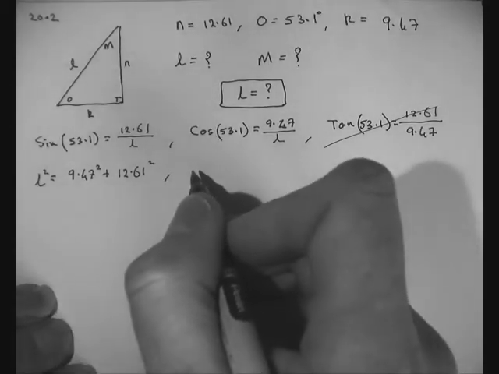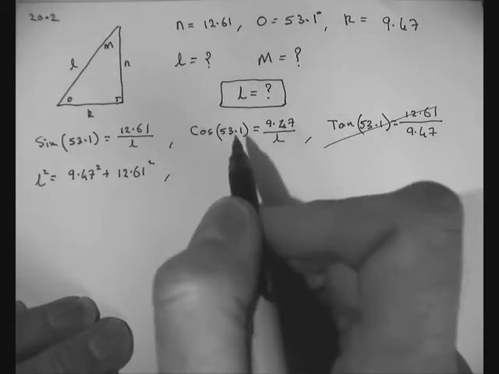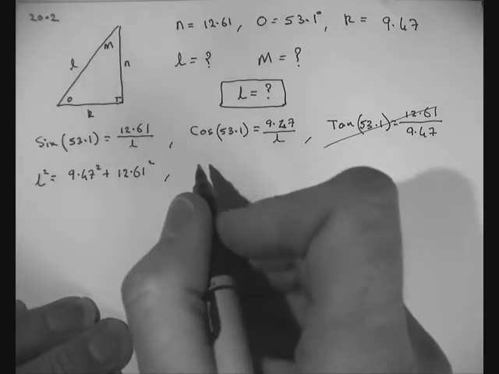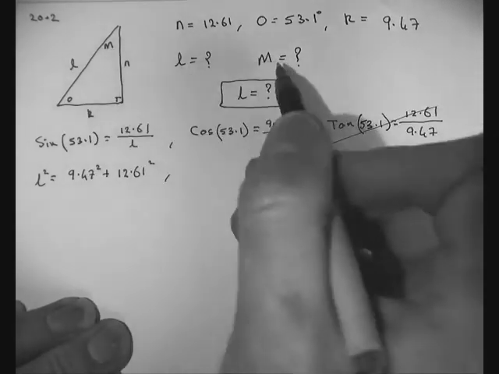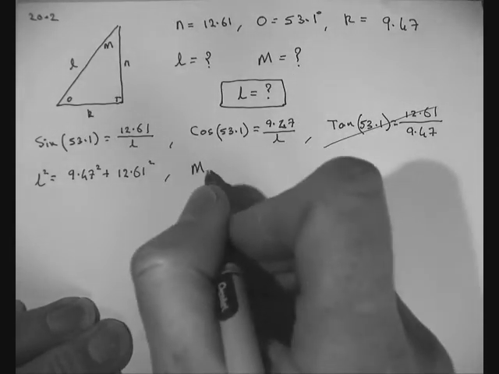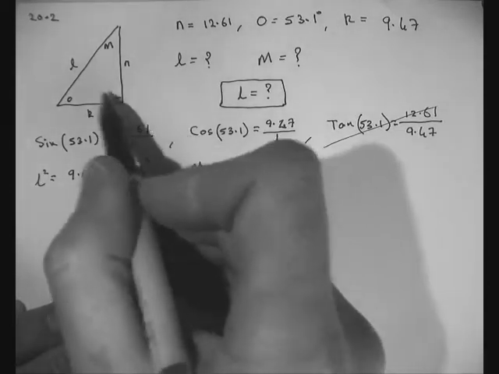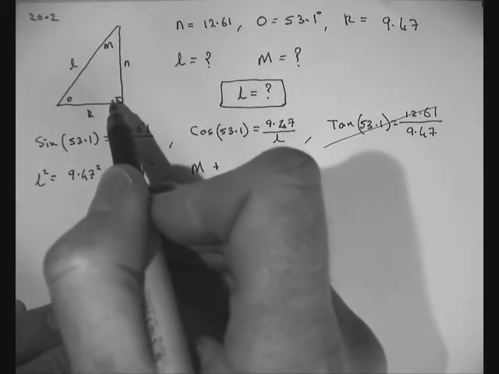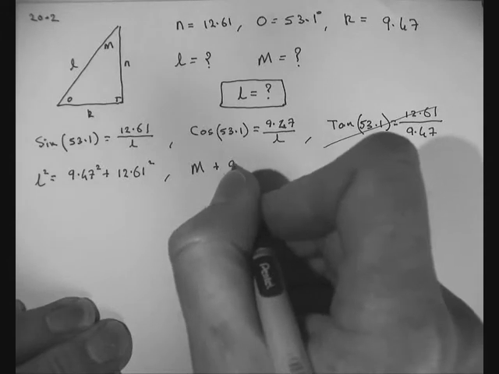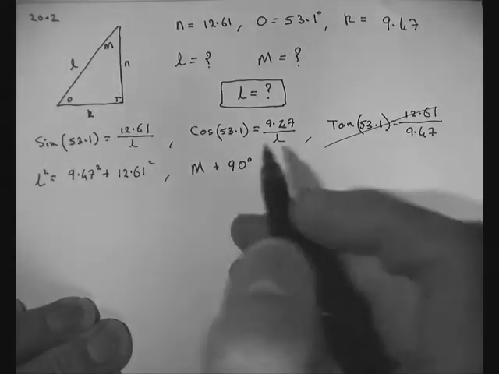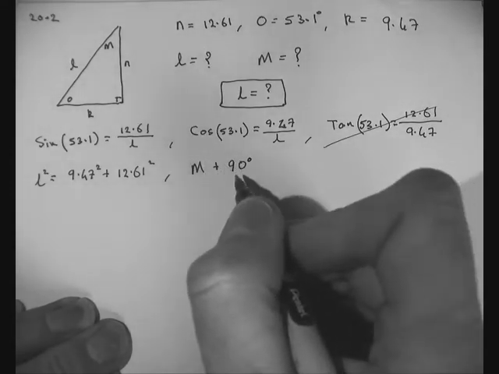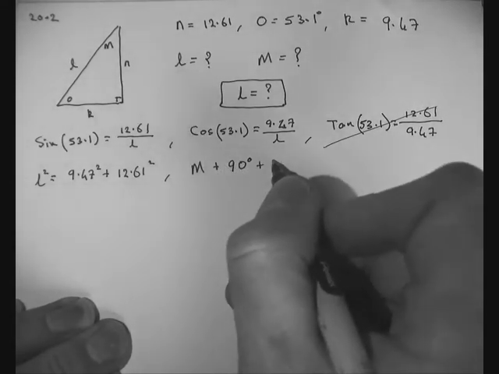The other tool at our disposal is that all the angles in a triangle must add up to 180 degrees. So we have the angle M. We don't know what M is, so we just write it in as the letter. Plus this angle, it's a right angled triangle, that's 90 degrees. Plus the angle O, and the angle O is 53.1 degrees.